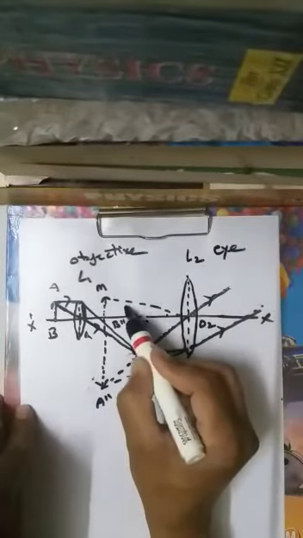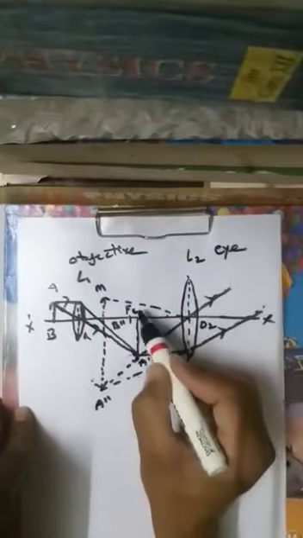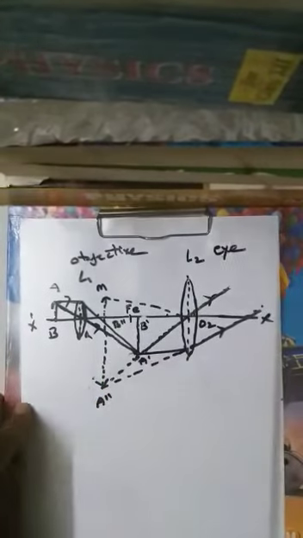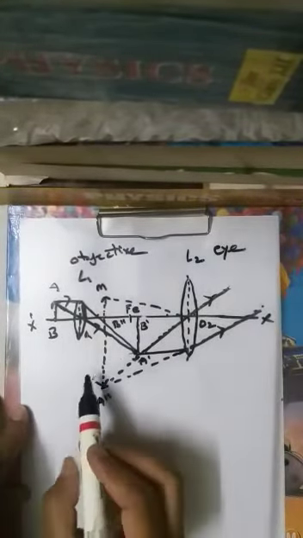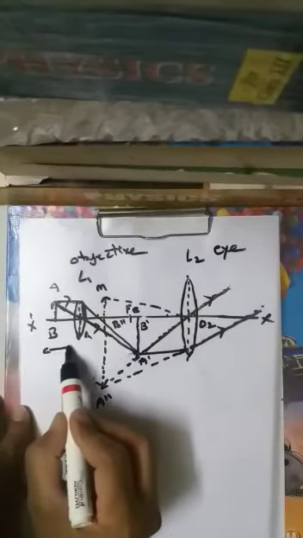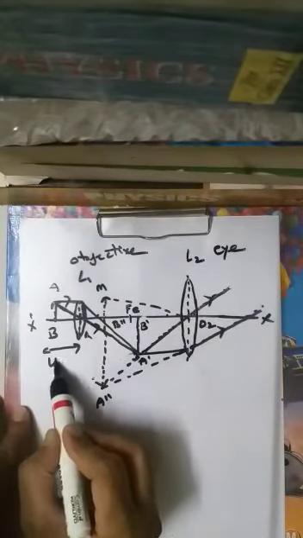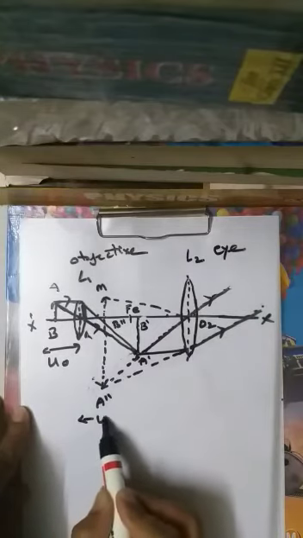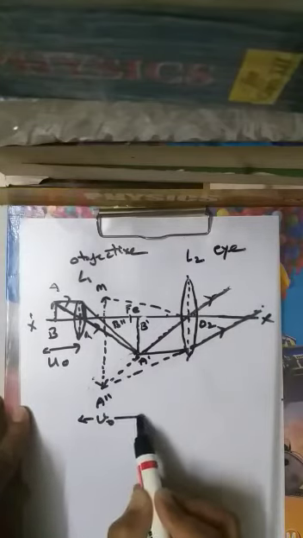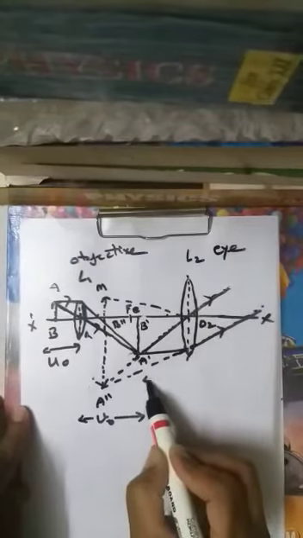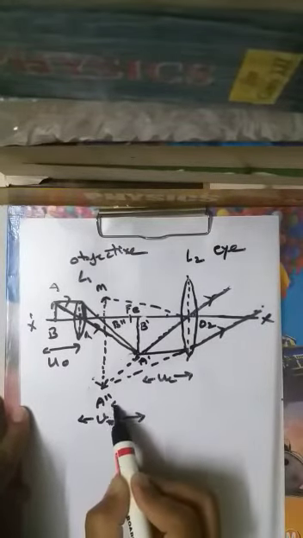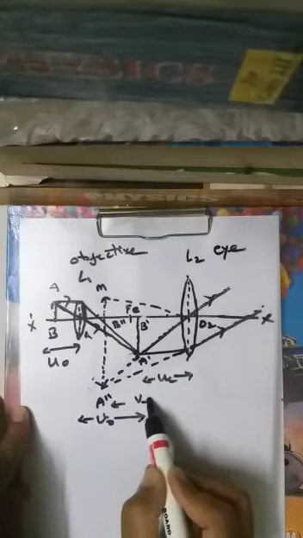This is known as FE, and this point is the focus FO. The distance, this is known as UO. For its image VO, this is UE, and this is VE.